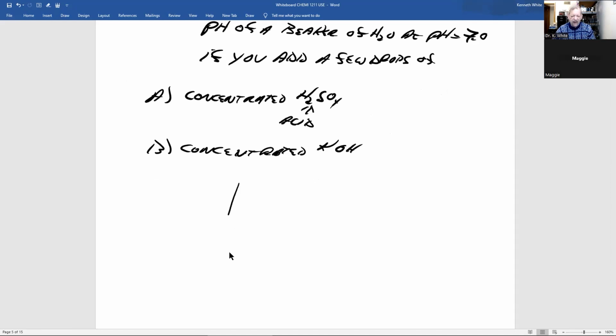And in the pH scale, since I'm adding an acid, what happens to the pH? It decreases. So it goes down, and you can put an arrow down.